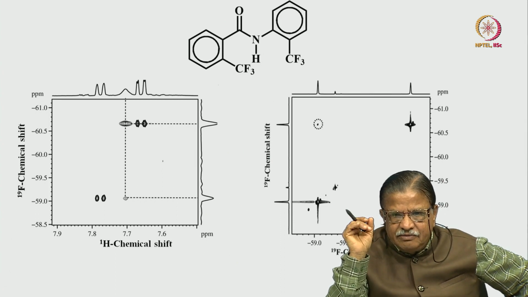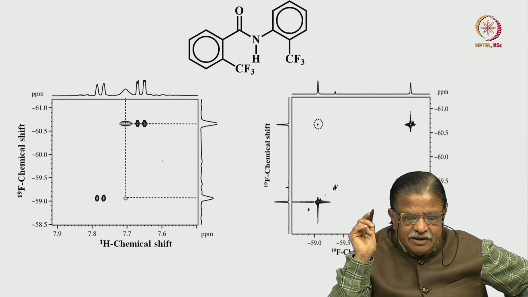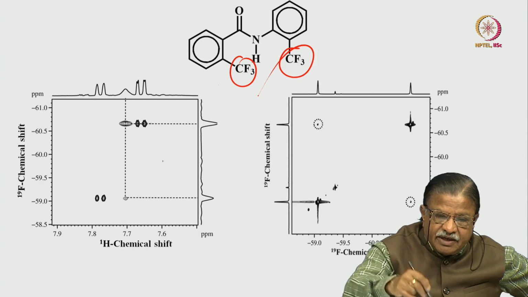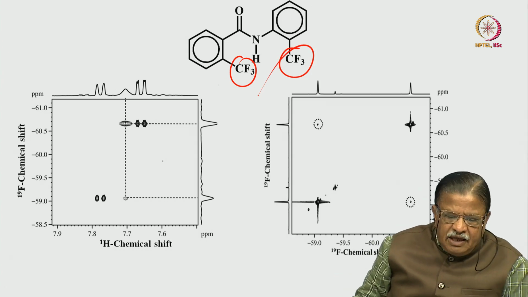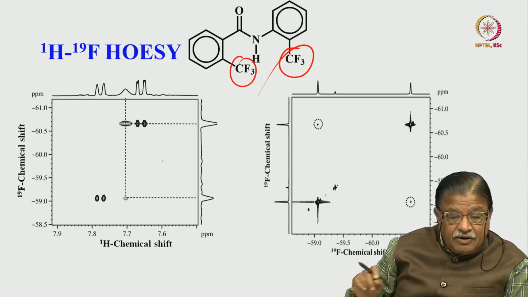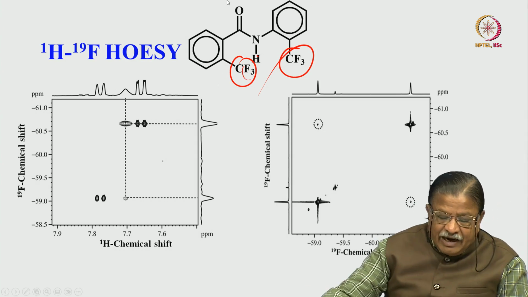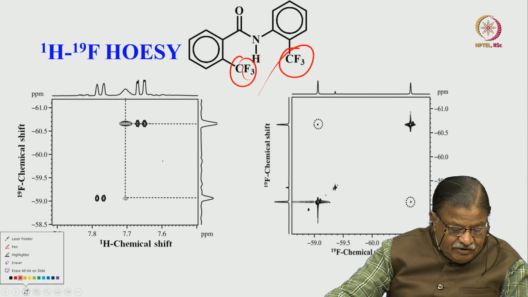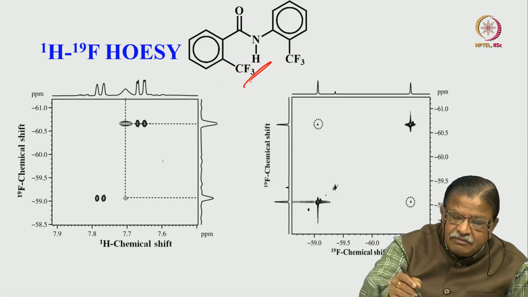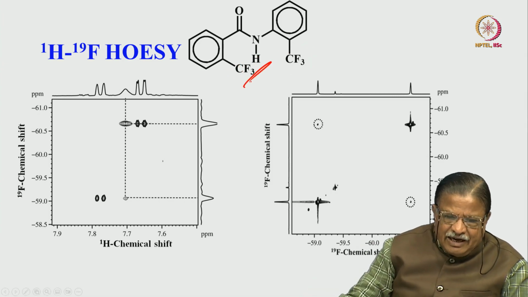This is a molecule which we were looking at. Here there is CF3, there is CF3 here, and this is HOESY. Here there is fluorine and proton. Our idea was to find out how close they are, because we were working on hydrogen bonding.